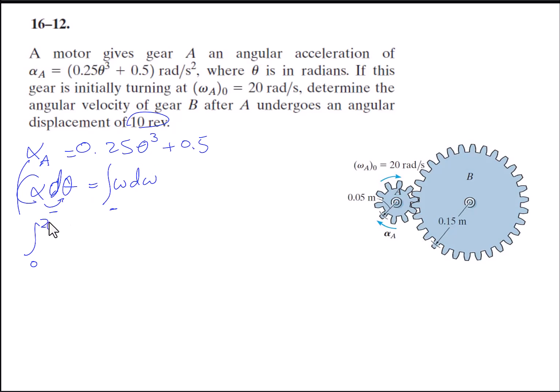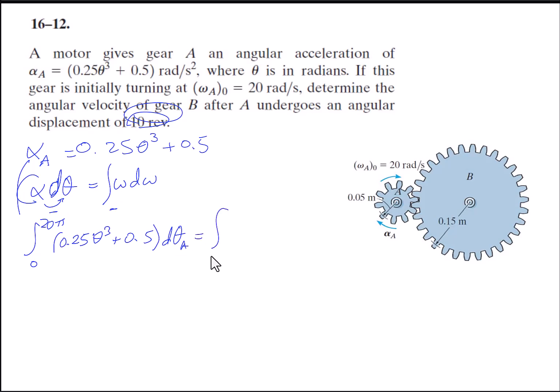So this is 20 pi, because 10 revolutions, each one is 2 pi, of this given 25 theta cubed plus 0.5. This is d theta of the gear A.